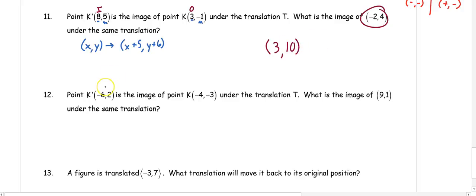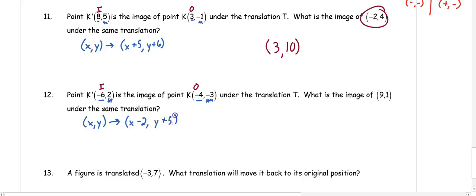Same idea, number 12. Again, I have my image and my original, so I need to make a translation rule. I'm going to use my coordinate notation. You can use any notation you want, it's just your scratch work here. How did my x change from negative 4 to negative 6? I subtracted 2, so x minus 2. How does my y change from negative 3 to negative 2?